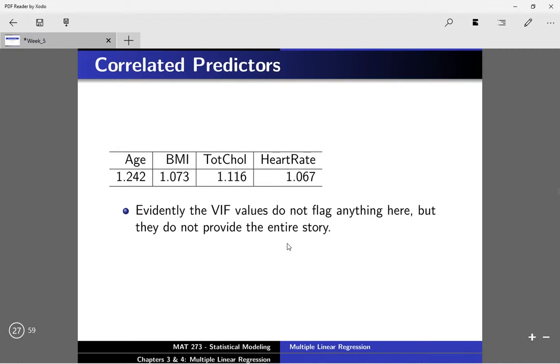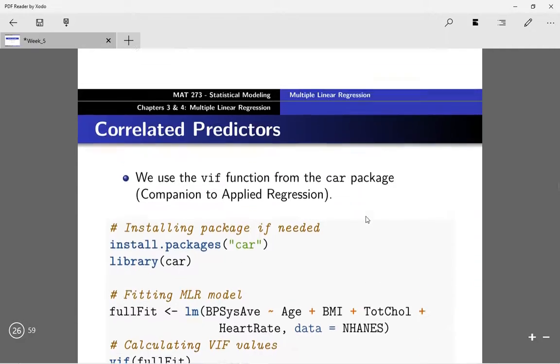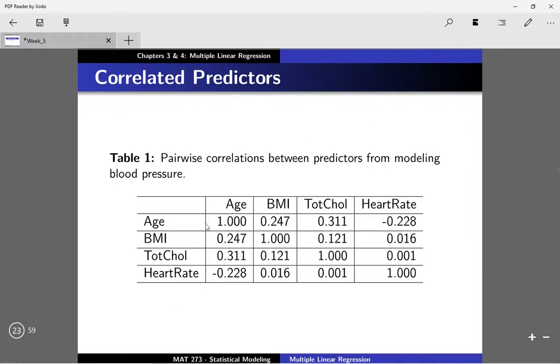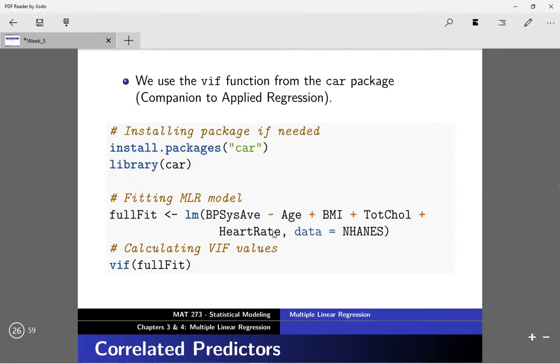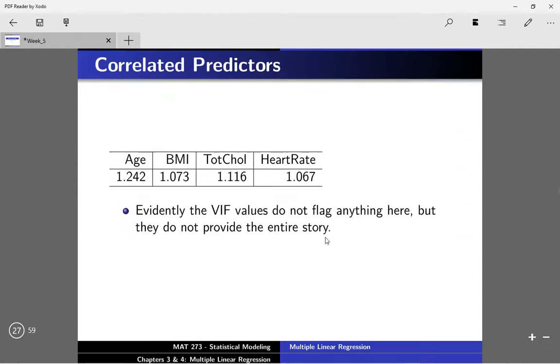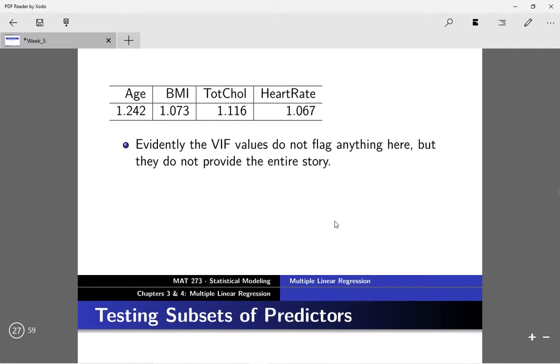Personally, how I would handle this, again, depends on what you're trying to do. If I'm just wanting good predictions, then it's fine to keep all the explanatory variables in the model. But given that I see the correlations are so high between the variables, I probably wouldn't consider the interpretations of regression estimates from this full model fit to be valid. So I wouldn't interpret those slope estimates that we get from this model. That's how I would handle it.